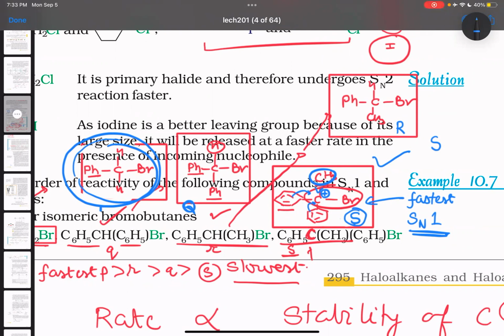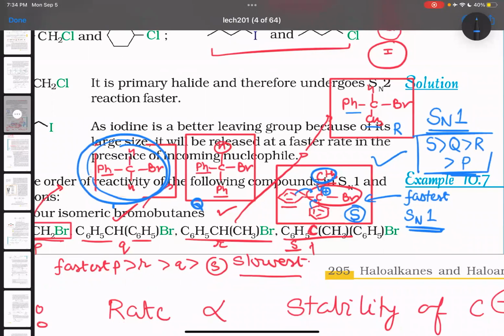So S is first, then you have Q, which has two benzene rings, and then you have R, with one benzene and one methyl. The slowest SN1 rate is going to be P.